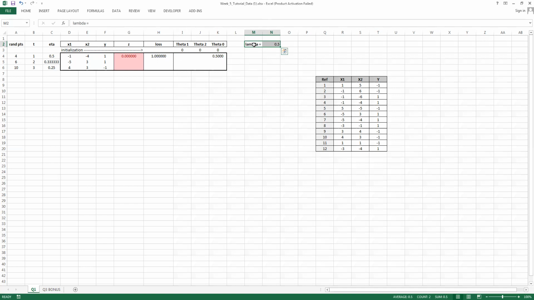When lambda equals 0, we're saying that we don't care about regularization at all. Loss is the only thing that matters. Of course, if lambda went up to infinity, then regularization would be the only thing that would matter, and loss would not matter at all. Right? So with lambda equals 0.5, we're somewhere in the middle. Regularization matters, and so does loss. So just, each to their own certain amount.